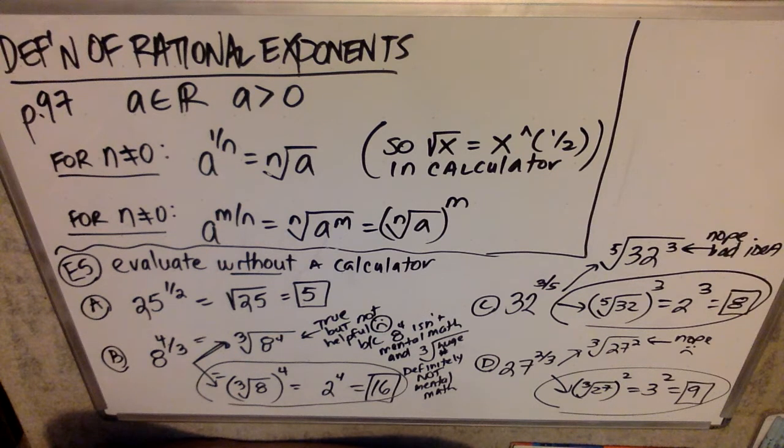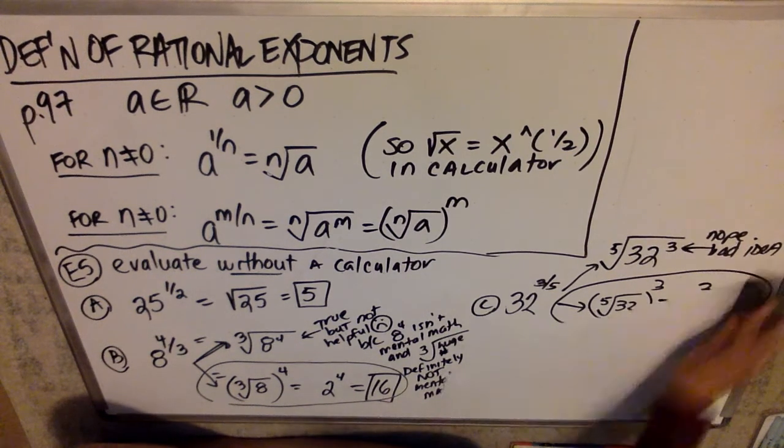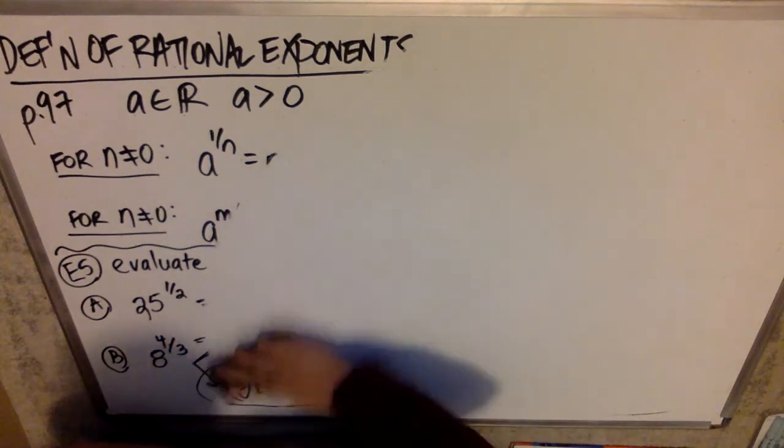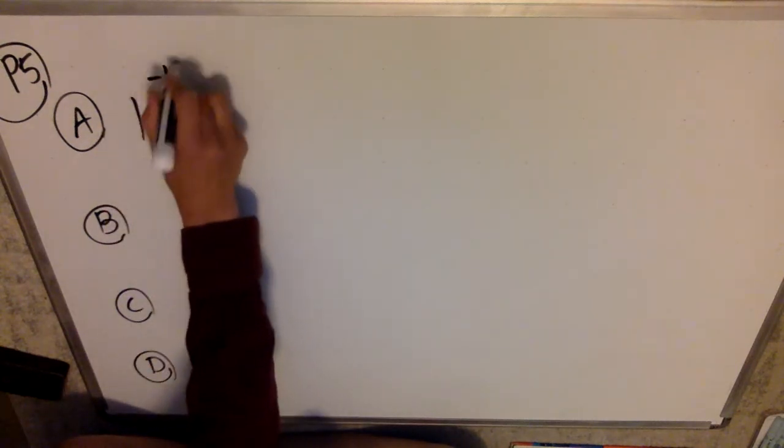I'm going to erase this and give you a P5, right? So for P5, I'll give you a similar experience. Same thing, you're going to do this without a calculator, A, B, C, and D. Let's do a 16, let's make it interesting, to the negative 1/2.